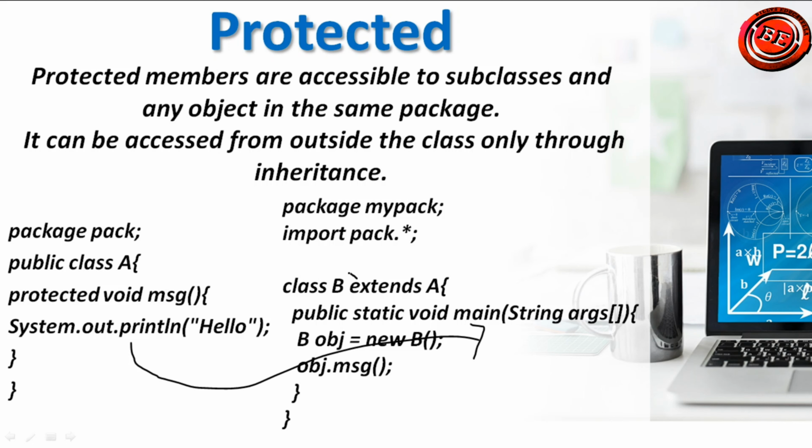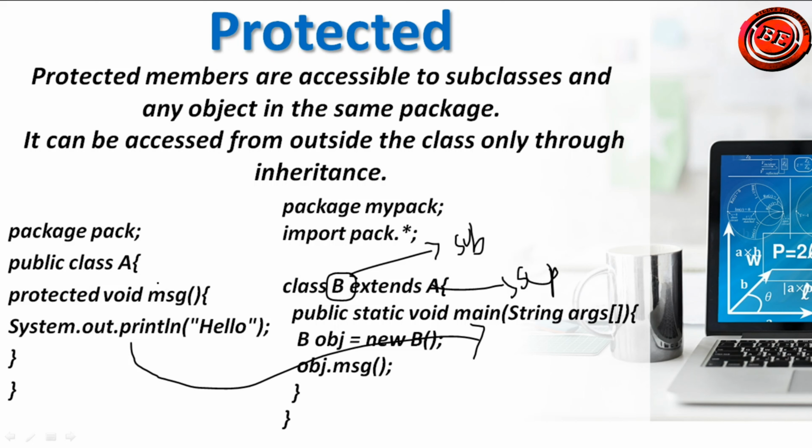That means B acts as the subclass and A acts as the superclass. The content present in the parent class is imported into the subclass, because the child class will have the same characteristics as the parent class.